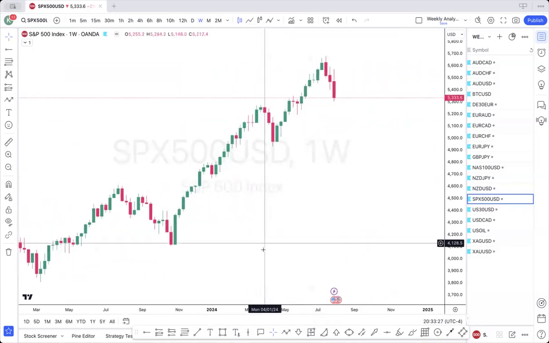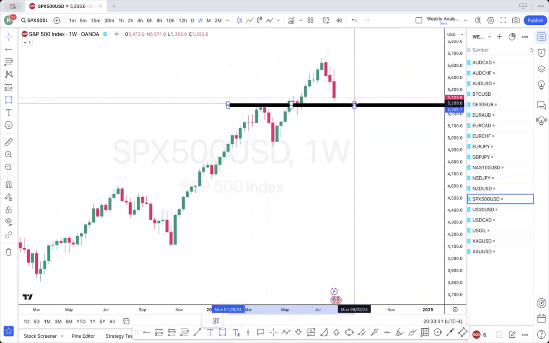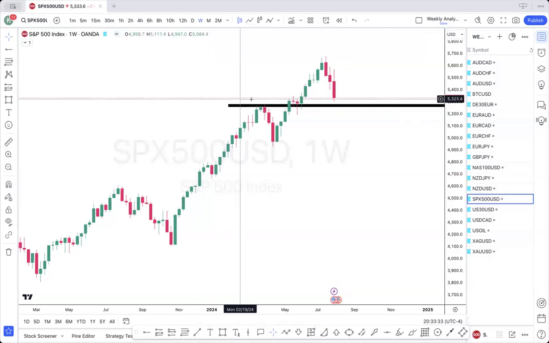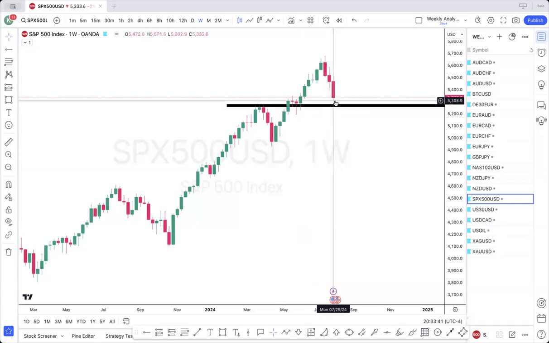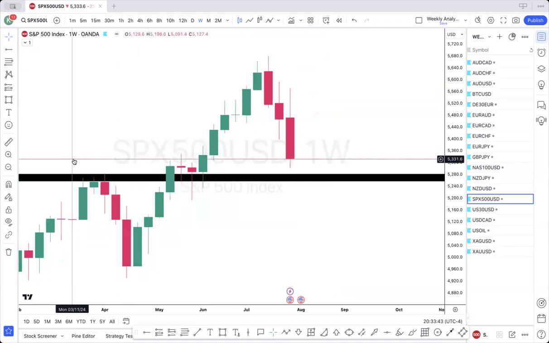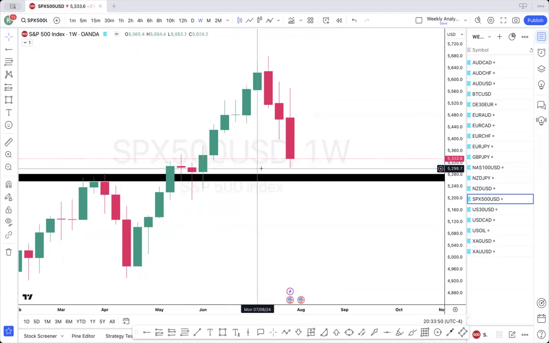Okay, SPX, we have weekly. Let's mark up our key level. Okay, so we have a key level here, which is a strong level of resistance, which then turned into support for this order block. Price is currently, or has it tapped into this order block? Let's see. Price has tapped into the order block.